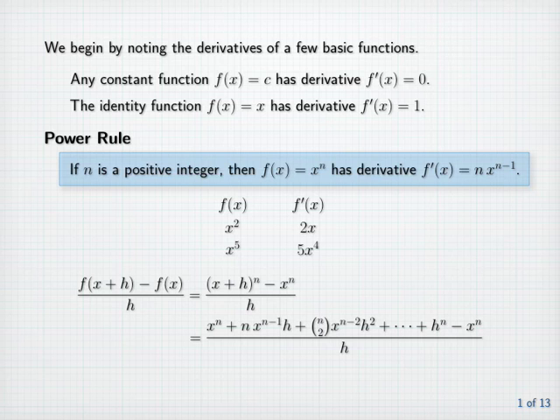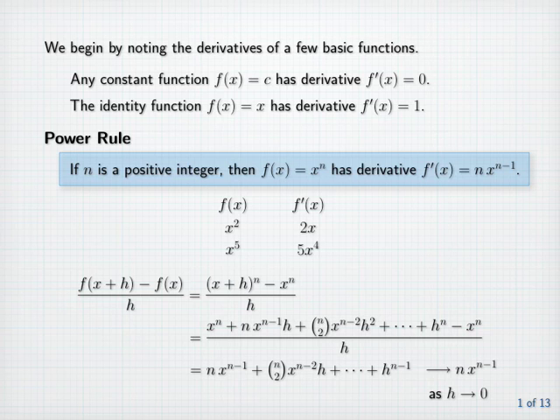Notice we have x to the n minus x to the n, so all the remaining terms in the numerator involve at least one factor of h. And so we can divide h into each of those terms, and the first term we have is n times x to the n minus 1, and all of the other terms still involve at least one factor of h. Therefore, as h goes to 0, we are left with only the first term, n times x to the n minus 1.